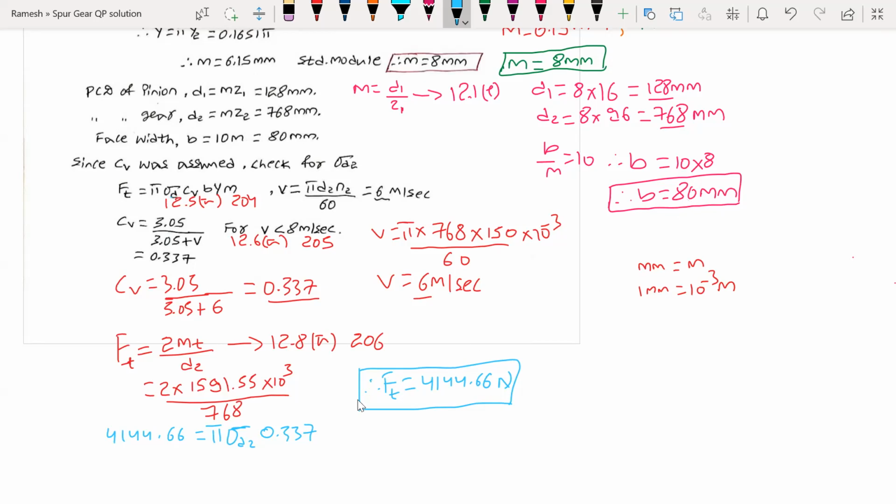Substitute that value, 80 multiplied by capital Y. Capital Y is nothing but the Lewis form factor of gear, multiplied by pi, that is pi into Y2. It is 0.1651 into module. Module is calculated as 8. From this, we are going to get the permissible stress, and it should be less than the permissible stress of the gear.